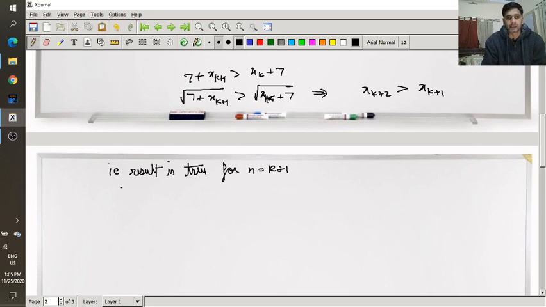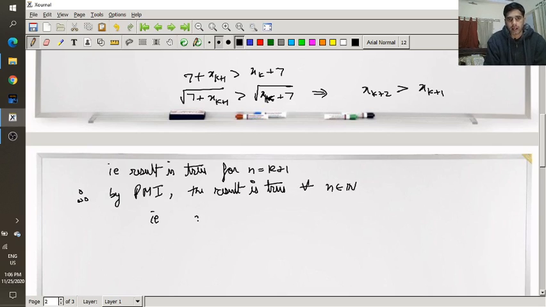Right? Hence, by the principle of mathematical induction, PMI, the result is true for all n belonging to natural numbers.